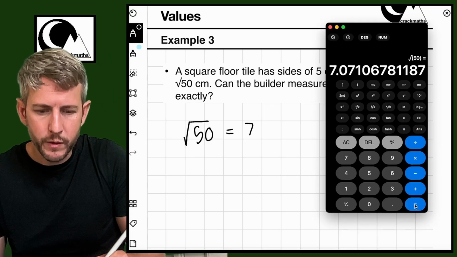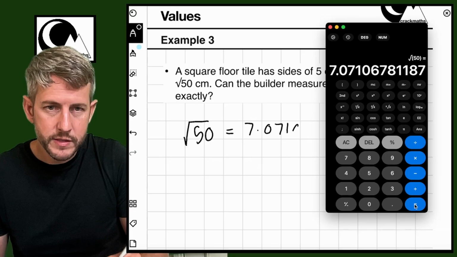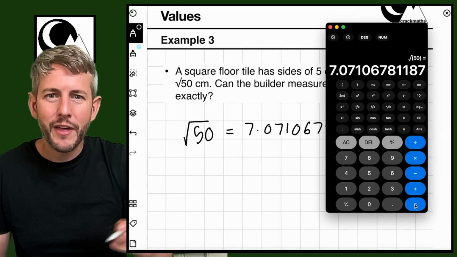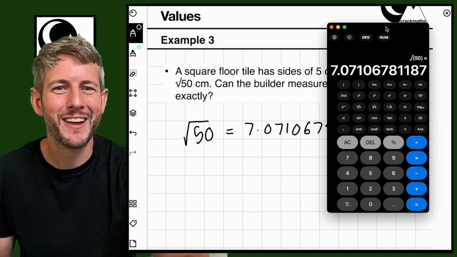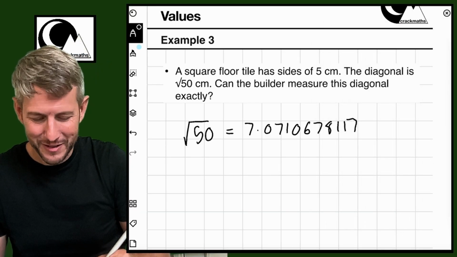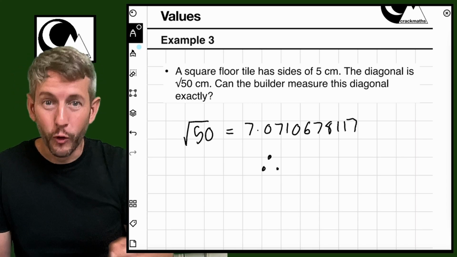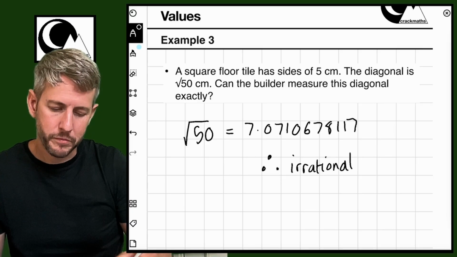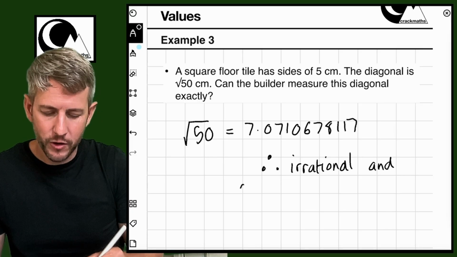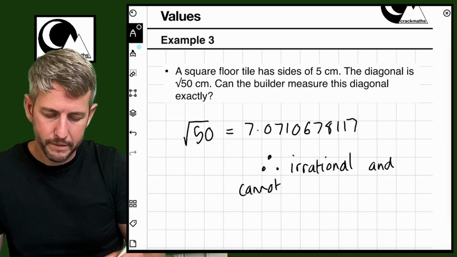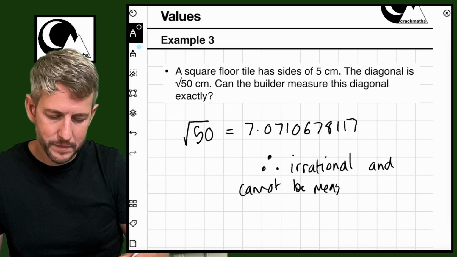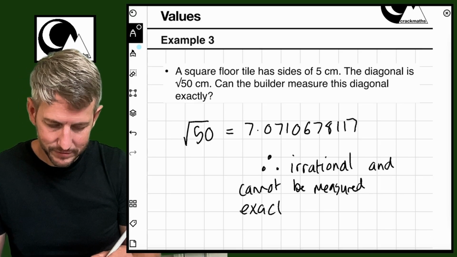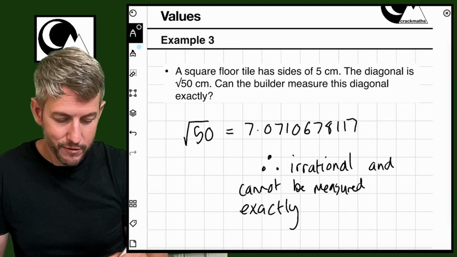So root 50 equals 7.07106781117... And then something that always makes me feel like a real mathematician is putting these 3 dots here down, which means therefore, I'm going to write therefore irrational and cannot be measured exactly using a ruler.